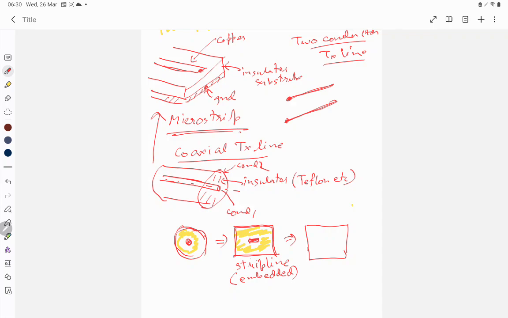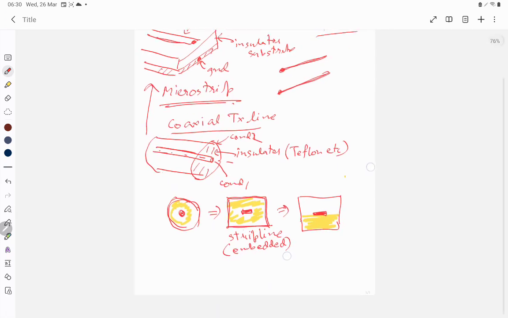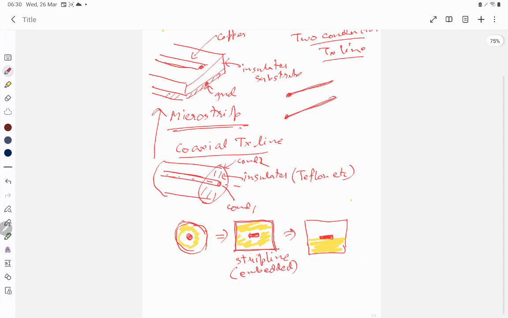Then if we remove the top insulation and only think the insulation is at the bottom side, the top side is filled with air, then we get air and this insulator, and in between we have a strip line.